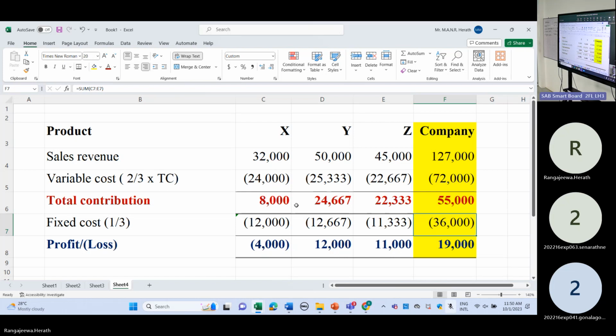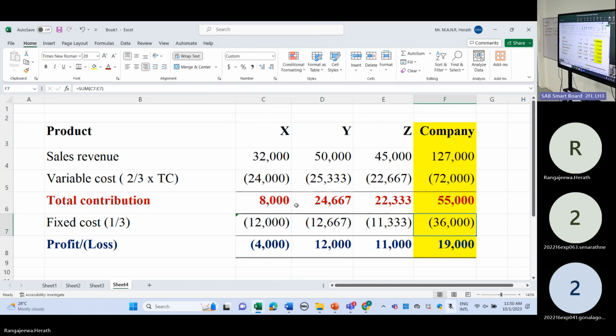When you drop product X because of its loss making, the customer who sometimes comes to your business to buy product X buys Y and Z as well. So if you drop this, the existing sales of Y and Z can also be reduced.